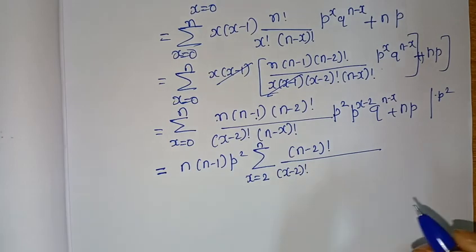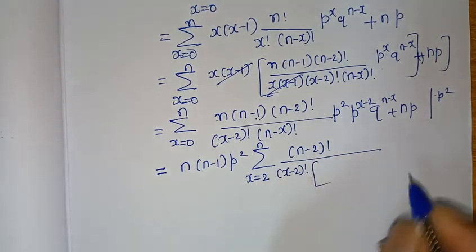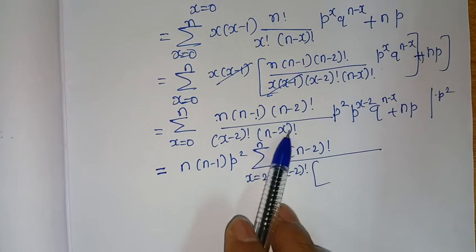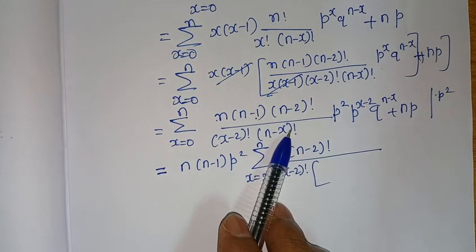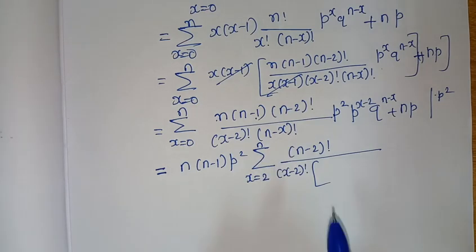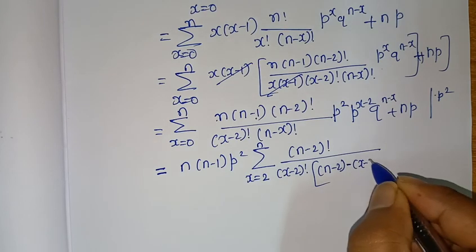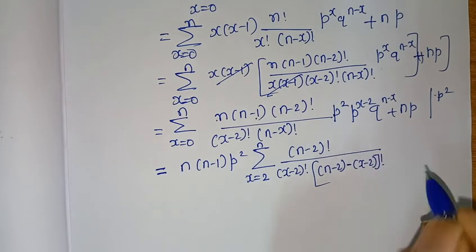We are left with, divided by x minus 2 factorial. Since the numerator is in n minus 2 form, I'll split the denominator, n minus x factorial, also into that n minus 2 form only. So this becomes n minus 2 minus x minus 2 factorial.